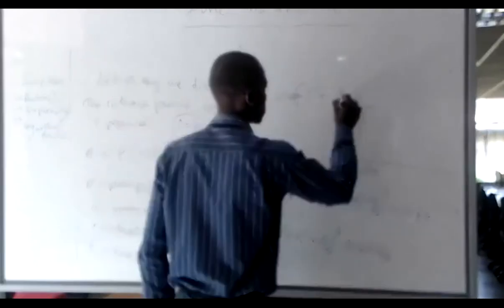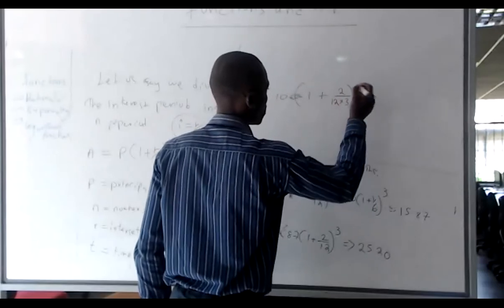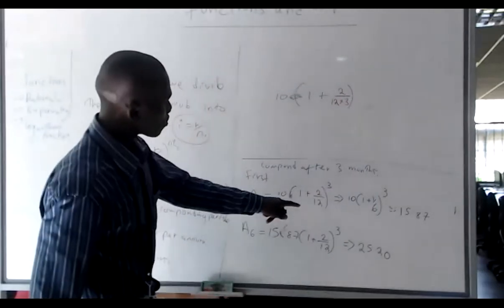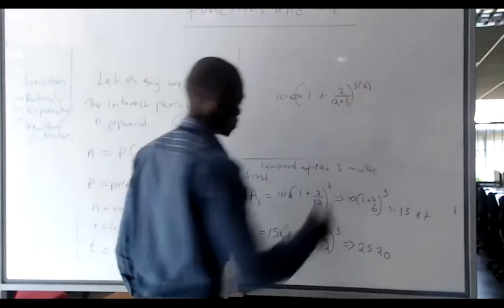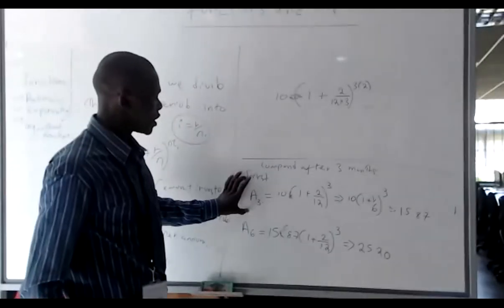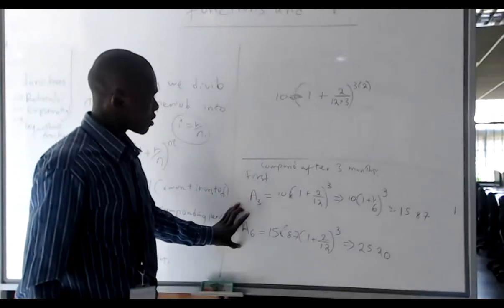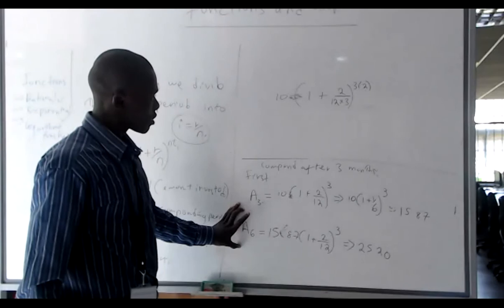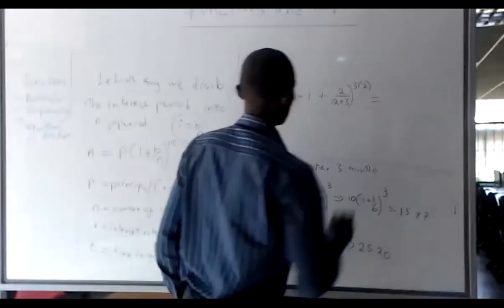So this times 3, all of this raised to 3 times 2, because I have 2 periods, the first 3 months and the second 3 months, that is 6. What does this give you?